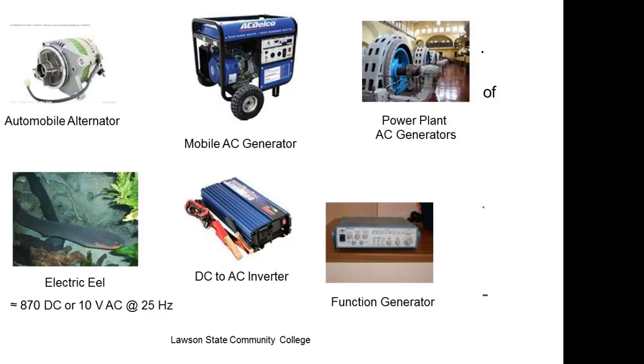So here's an alternator. Usually you don't see it; sometimes the rectifier assembly is outside of the alternator, depending on who makes it. A rectifier is a circuit that takes AC and converts it to DC, and it uses devices we call diodes. If you're in the industrial electronics program, you'll learn how power supplies work.